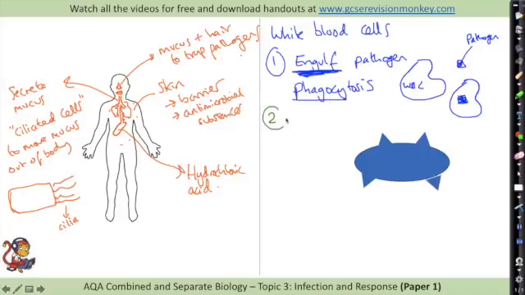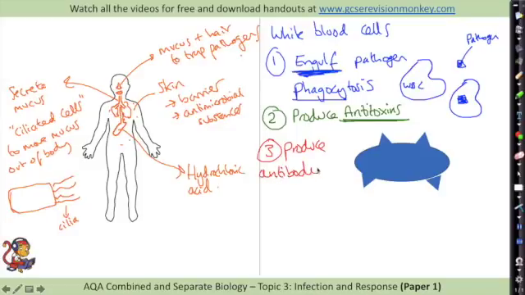The second thing that white blood cells can do is produce antitoxins. They are there to counteract the toxins that are produced by the pathogens. And the final thing that they can do is produce antibodies. And these antibodies are very particular shaped molecules that will fit onto the pathogen.